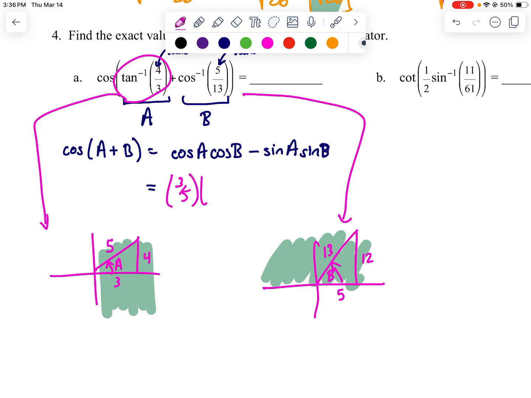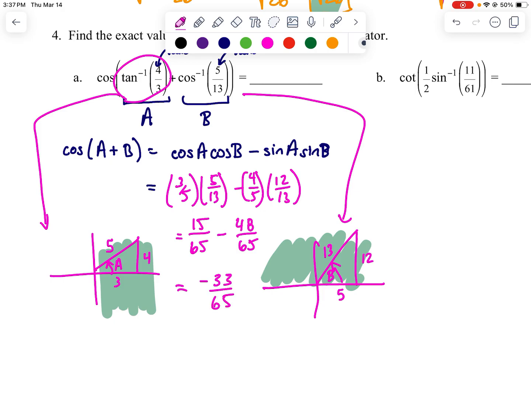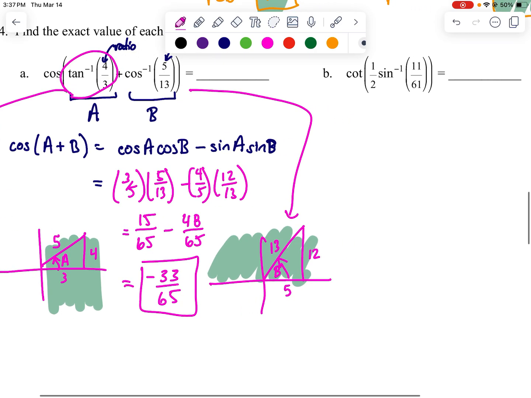The cosine of angle B is 5/13. The sine of angle A is 4/5. And the sine of angle B is 12/13. So then I would just get 15 over 65 minus 48 over 65, which is going to be negative 33 over 65. And there you go. Right? And that is it.